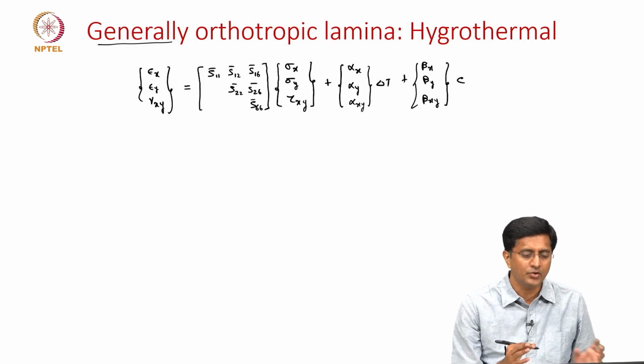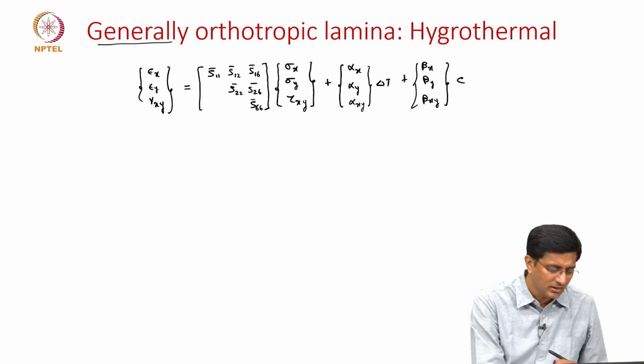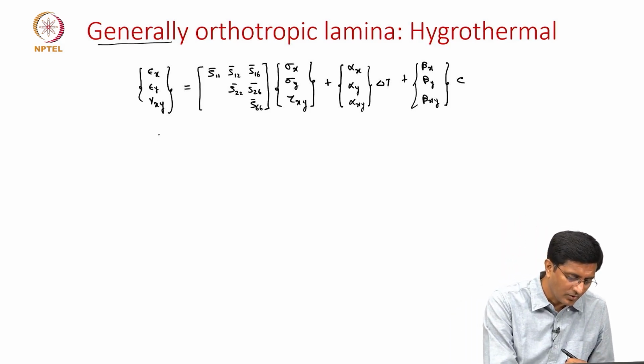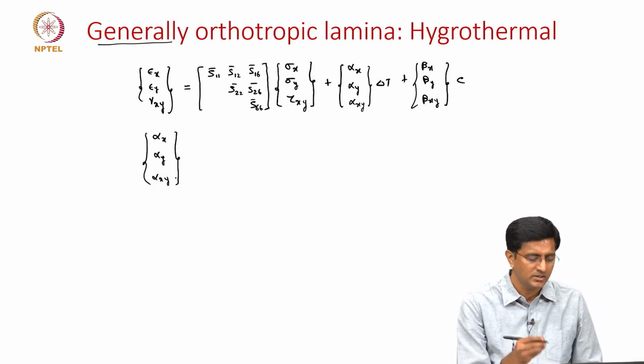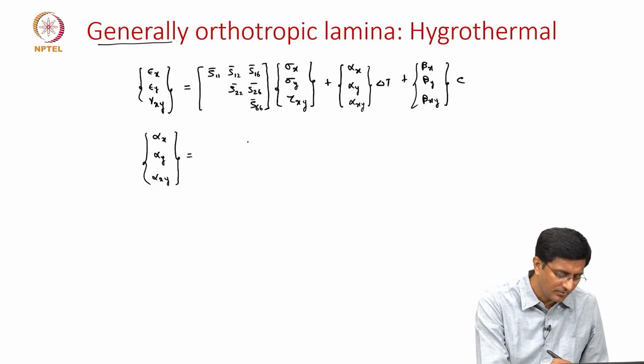But here I need to mention how do we get these alpha in the body coordinate system, meaning alpha x, alpha y and alpha xy. How do we get it? We get it using the transformation matrix where we started with alpha 1, alpha 2 and 0.